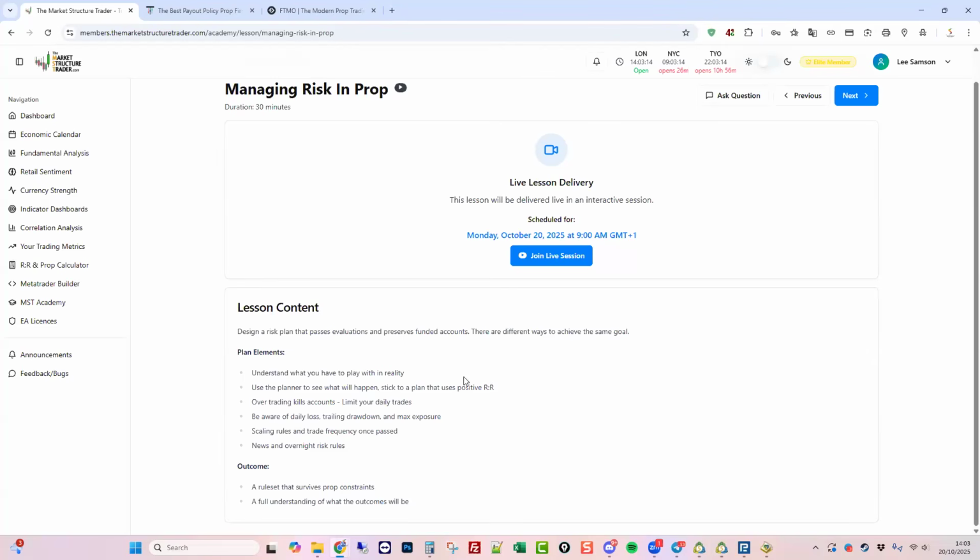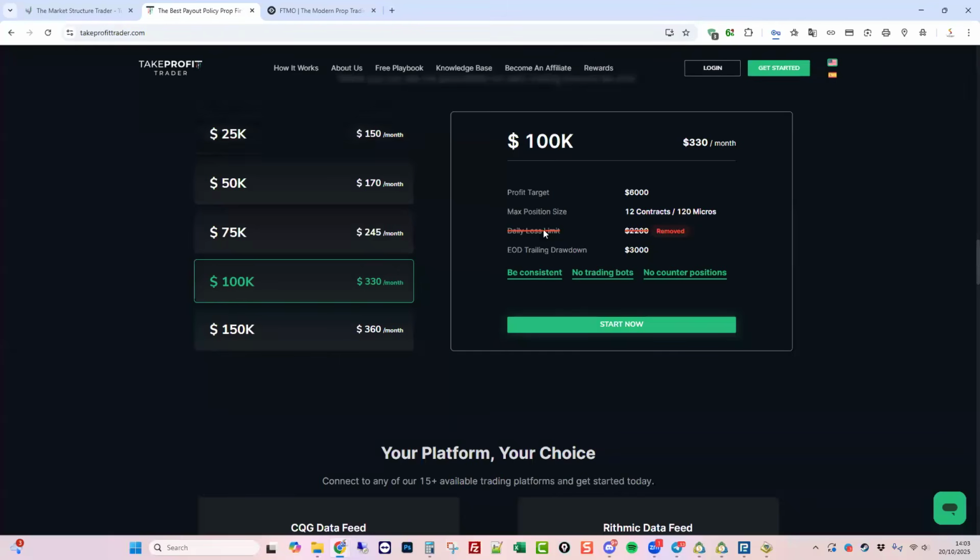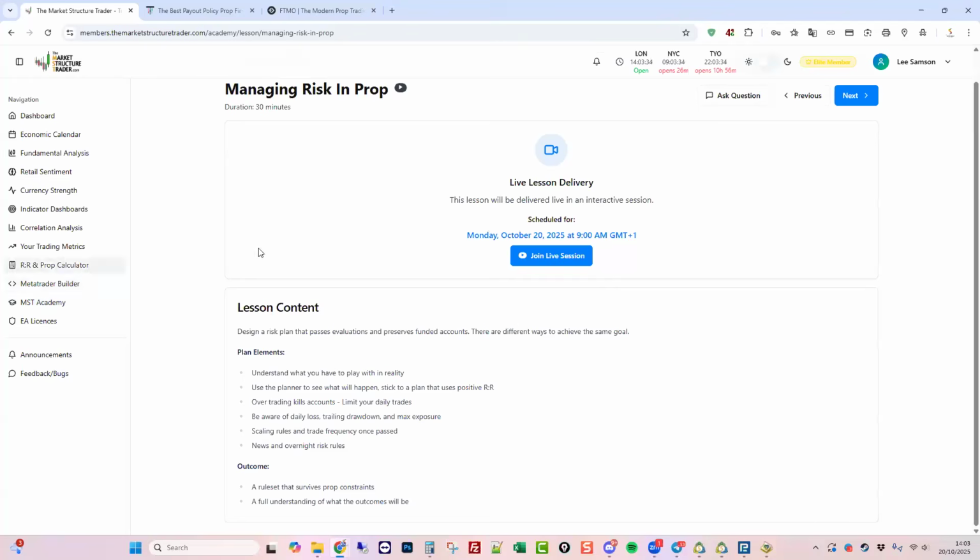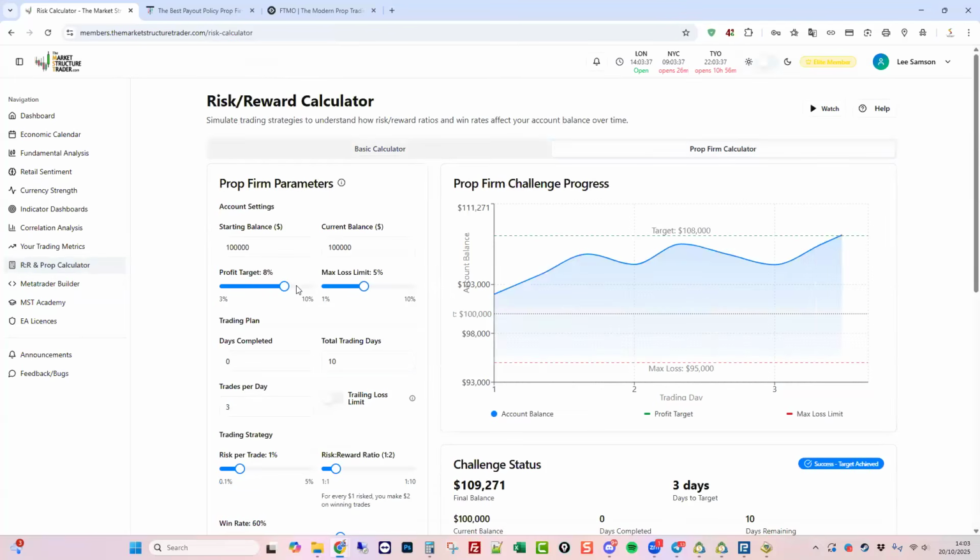If you stay aggressive, you can obviously get those over the line very, very quickly, but the rules change dramatically when you pass, and you've got to be aware of that. These scaling rules and the trade frequency rules, and, for example, in Take Profit Trader, the trailing drawdown changes. So there's always rules that are there to trip you up when you get funded.